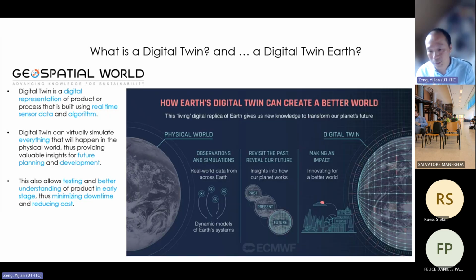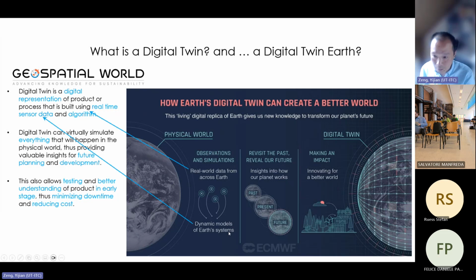So people applied it also to Earth science. And how this is applied is actually very straightforward. We can say the real world data from across Earth, for example from satellites and in situ networks, are the real-time sensor data of our Earth. And we also have Earth system models, or dynamic models of the Earth system.